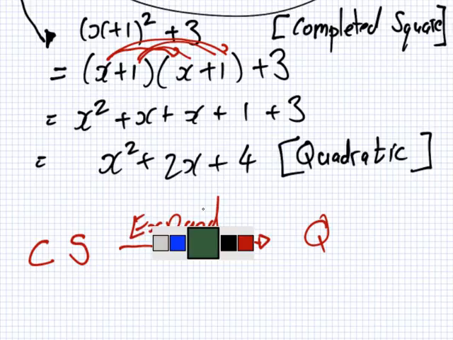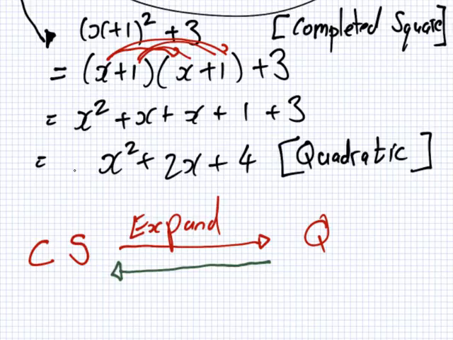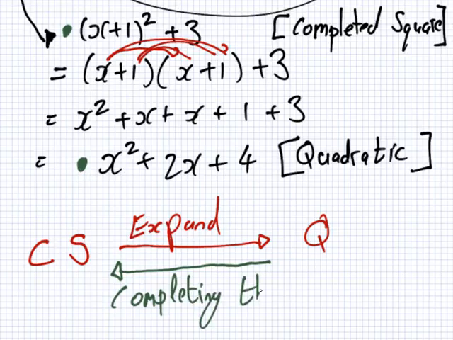What we want to do today is go backwards from the quadratic to completed square. And this is called completing the square, when you go backwards.